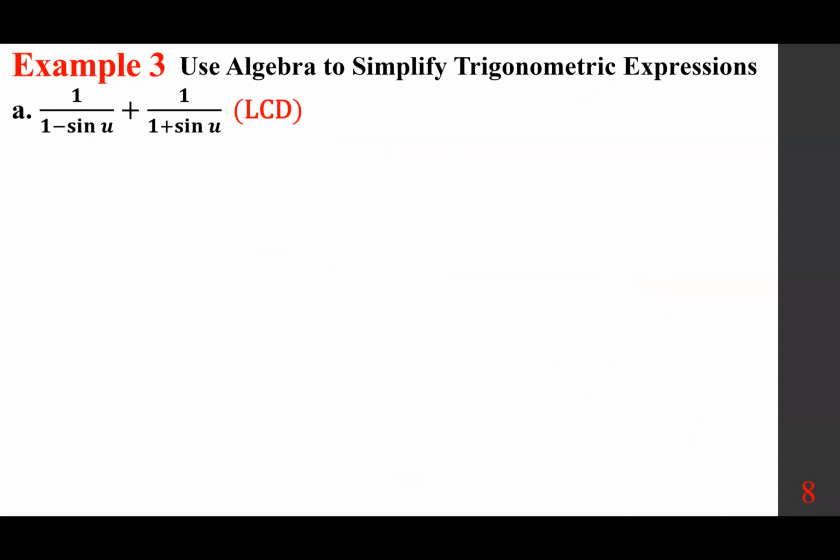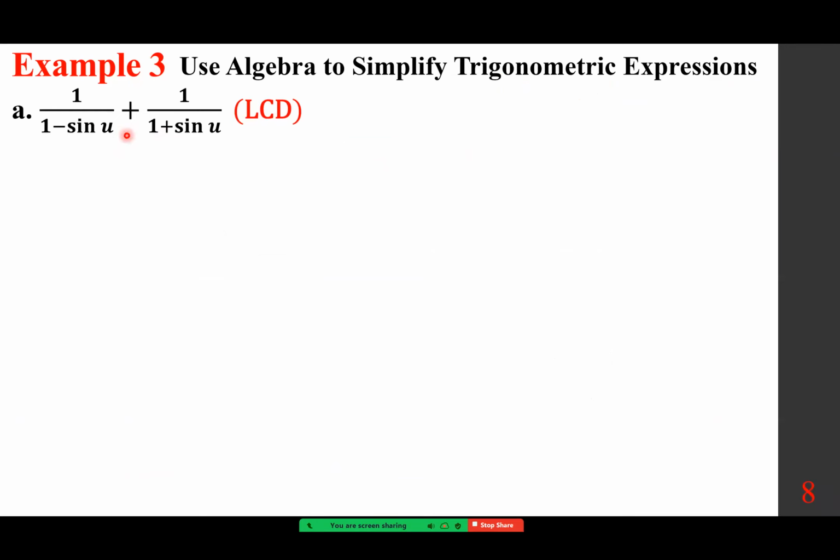All right. We are going to use algebra to simplify the trigonometric expression. Even if they don't give us the hint, it is LCD, the least common denominator. We are adding two fractions, and the least common denominator would be the product of the two.